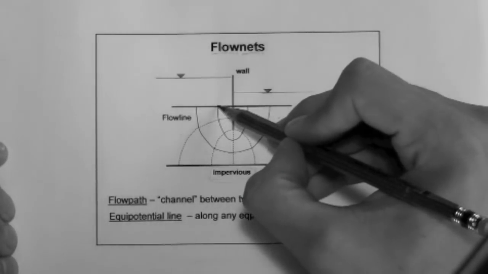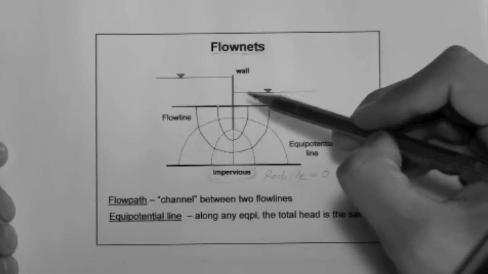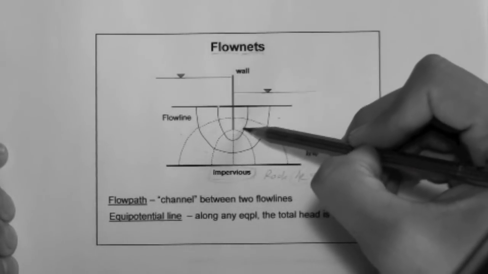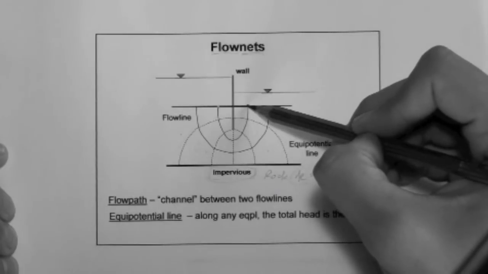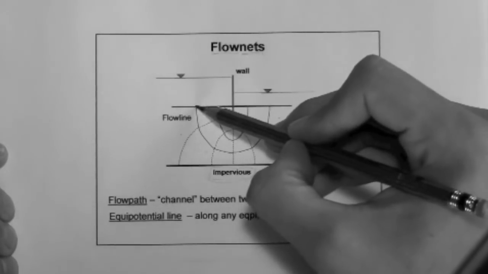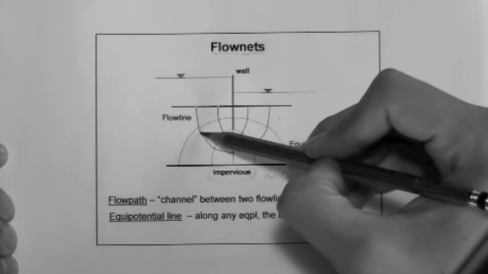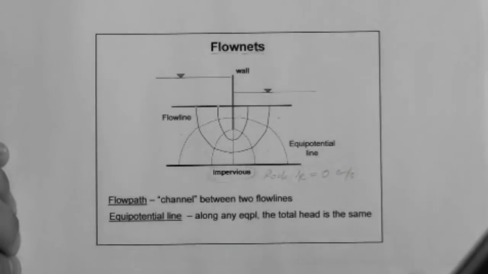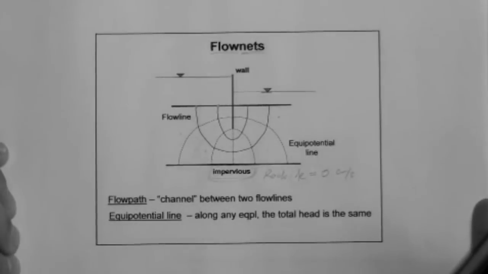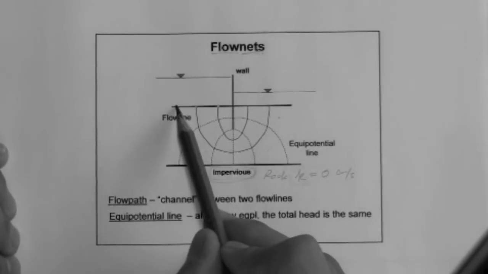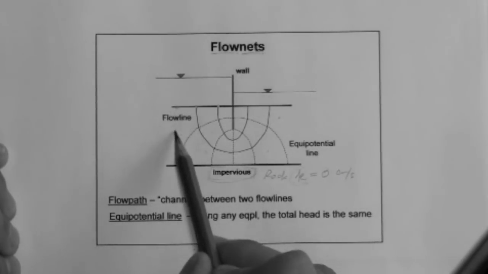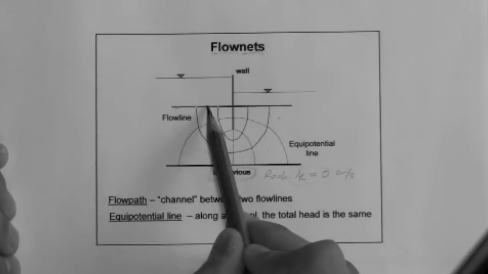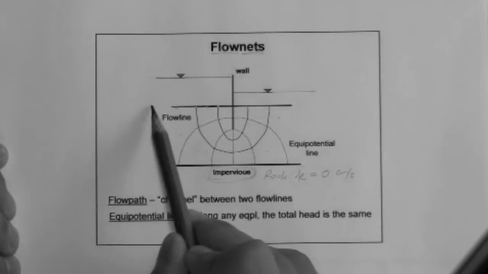So for example, if you have a water droplet here, that water droplet is going to flow through the soil along that flow line. If you have one here, that water droplet is going to flow through the soil along this flow line. Now you may say, what happens if there's a water droplet here? Shouldn't I have another flow line like that? Or what about the water droplet here and here?